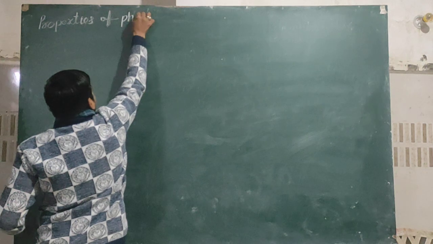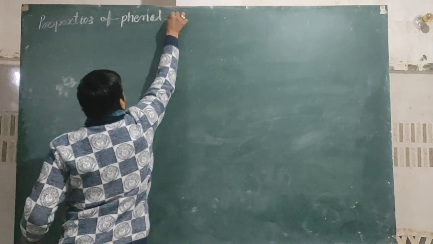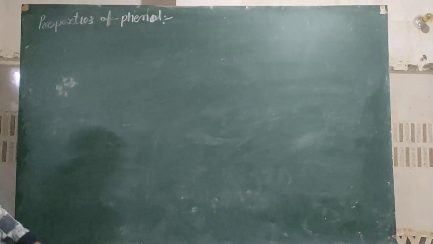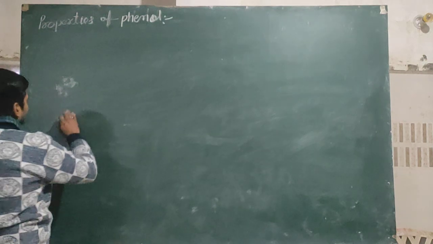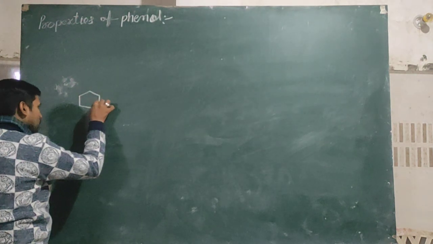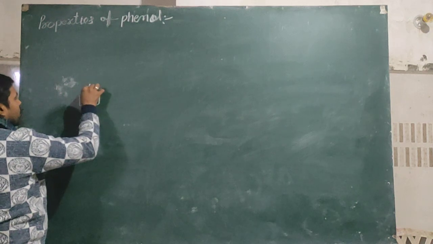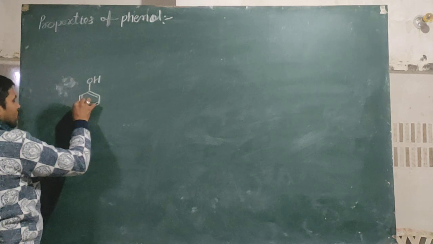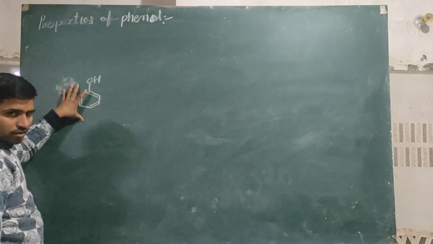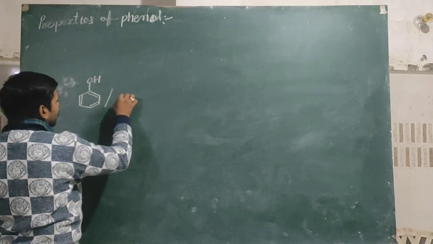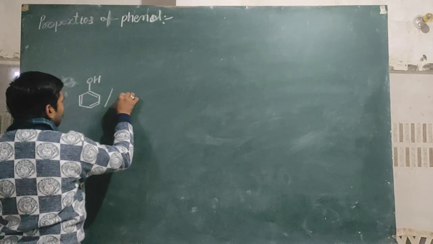Before discussing the properties of phenol, I want to explain some things about phenol: phenol is a compound in which a hydroxyl group is directly bonded with the benzene ring.